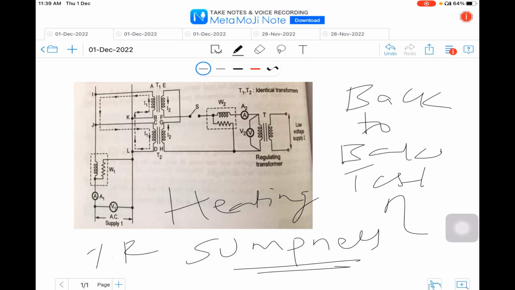Now, let us understand why this Sumpner test is required. In order to obtain the maximum temperature rise, we need to conduct a full load test on a transformer. A suitable load must be connected at the full load power of a large transformer.